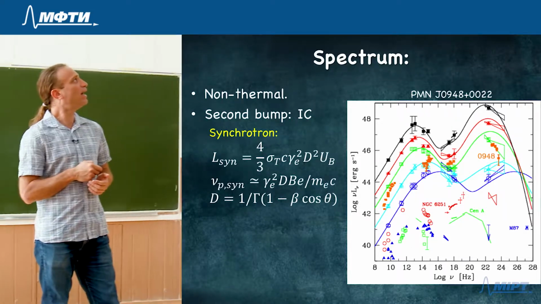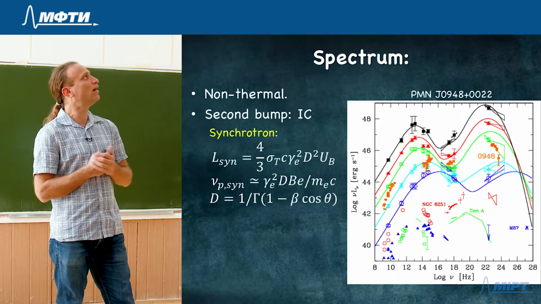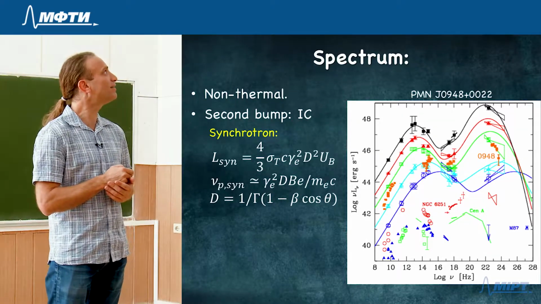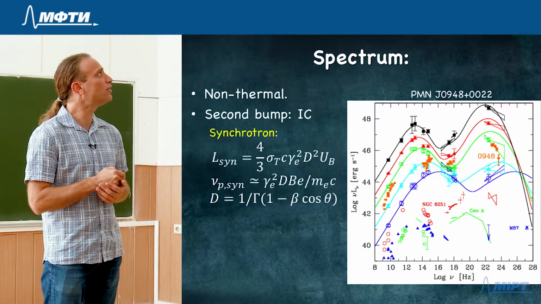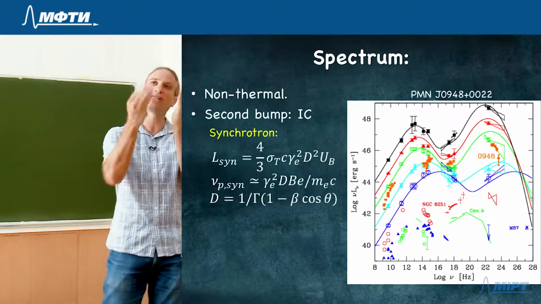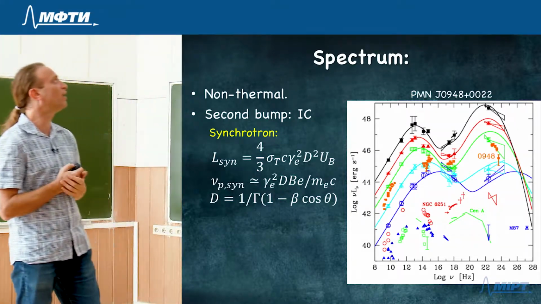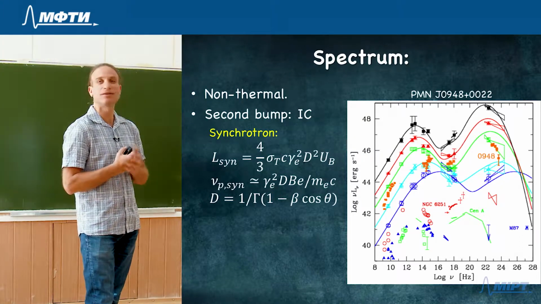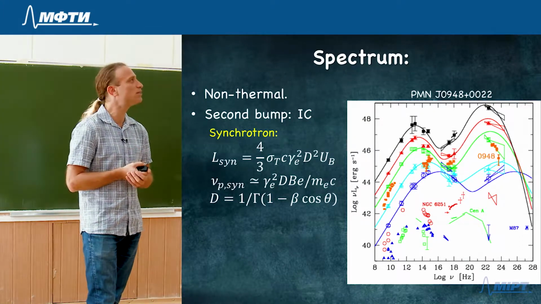And for the total luminosity, you can just open Rybicki and Lightman and see how it works. The only thing added here is the Doppler factor squared, so we have a boosting in the luminosity by a factor of D squared. So this will give us the first peak in the spectrum.